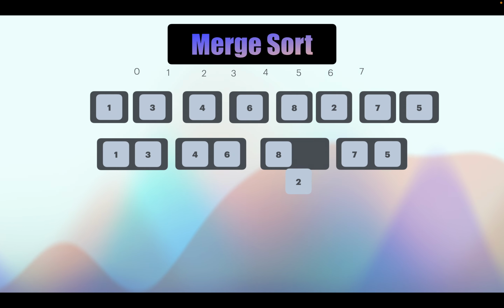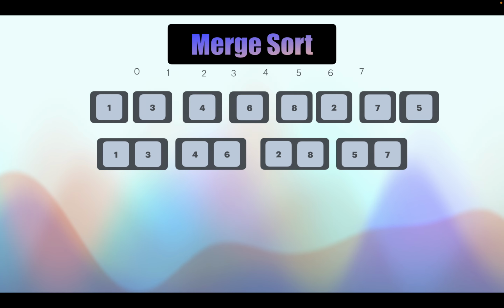So let's just solve them. So 2 will go first, then 8; 5 will go first, then 7. Now it's pretty good. The elements within each subarray are sorted, but the subarrays themselves are not sorted, but we'll get there at the end.